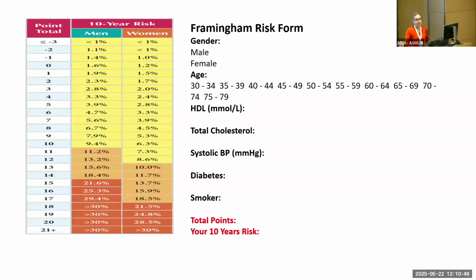So I put up here the Framingham risk score, for example. It's quite simple. You add a number of different variables that give you your 10-year risk for cardiovascular disease: age, HDL, some basic metabolic parameters that a clinician would have at his or her fingertips to assess the risk for that patient.